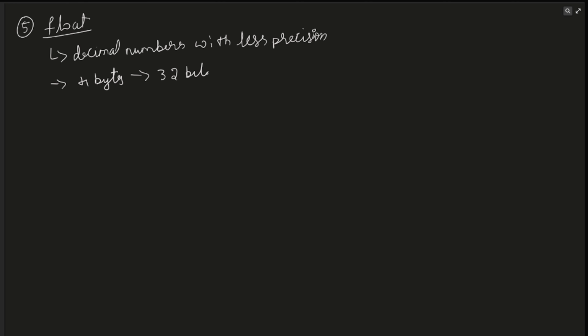Fifth primitive data type is float, which is used to store decimal numbers with less precision. Size it can hold is up to 4 bytes, that is 32 bits. And same as long, whenever we declare a float variable in Java, we will always end with a small letter f.